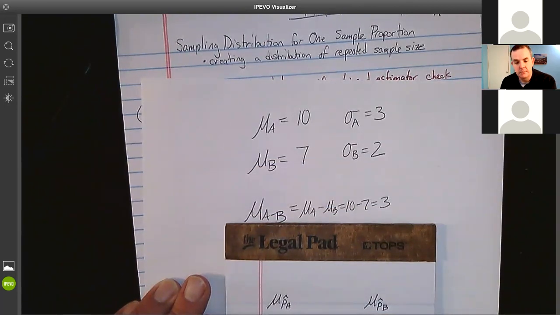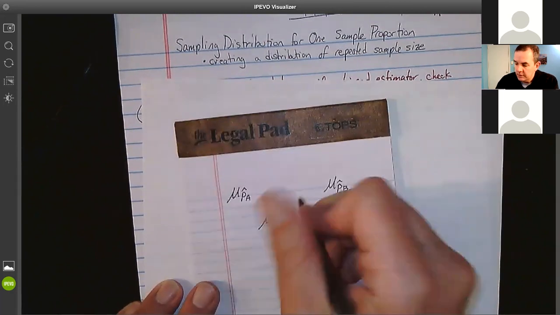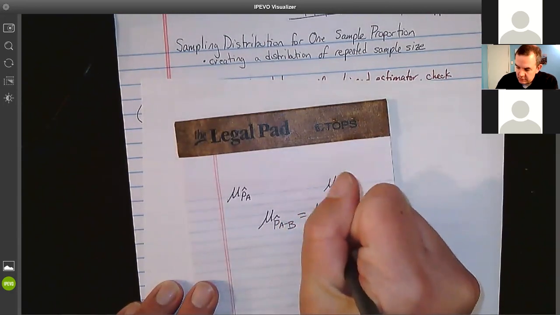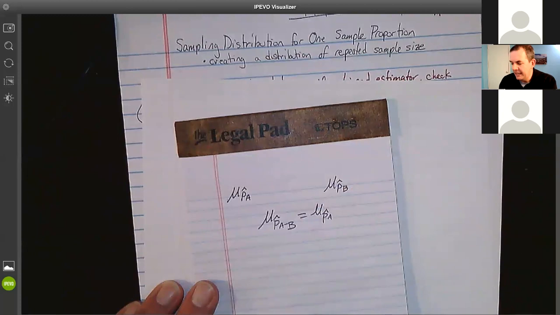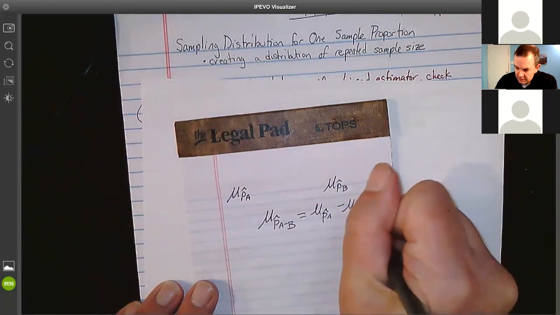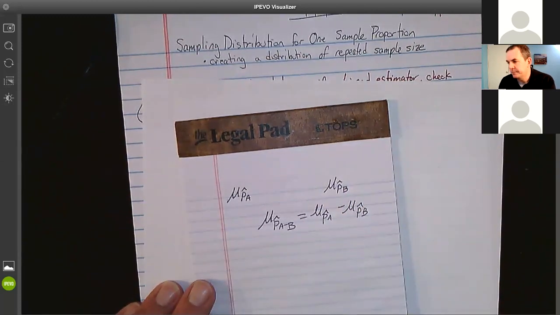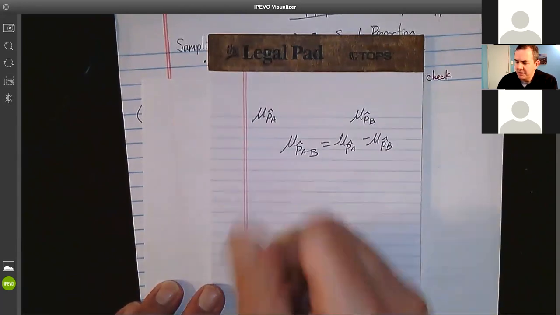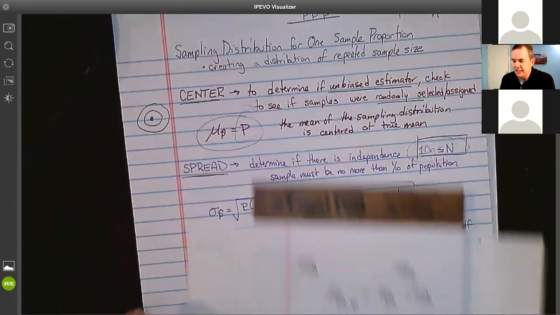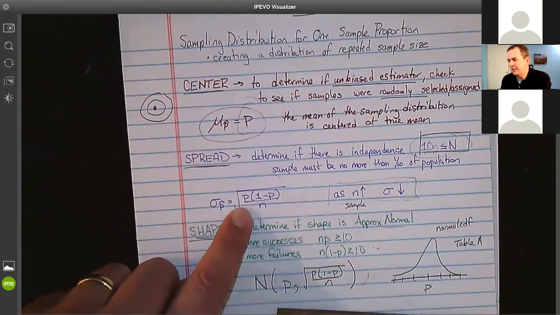We can subtract them. This is equal to what we did for A minus what we did for B.